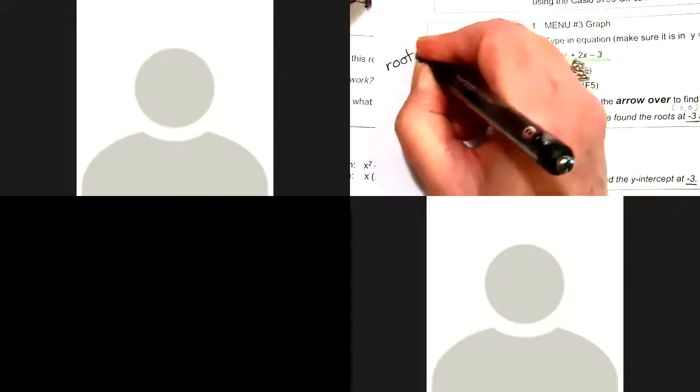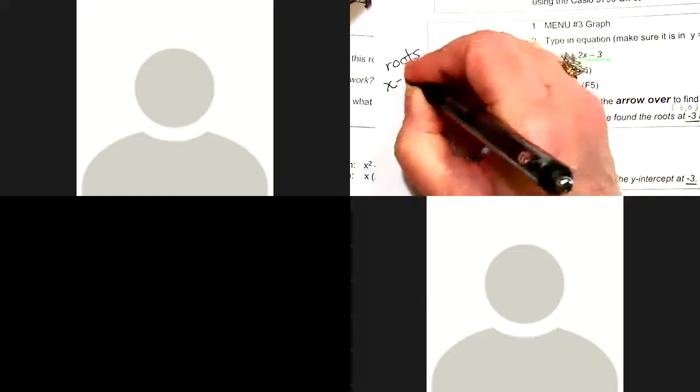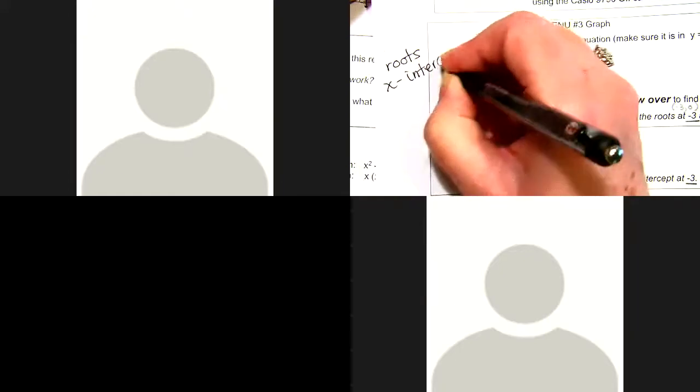They're called the zeros, the roots, the x-intercepts, and they're also called the solutions. So anytime they ask for the solutions or the x-intercepts or the roots or the zeros, we're looking for the same 2 points.